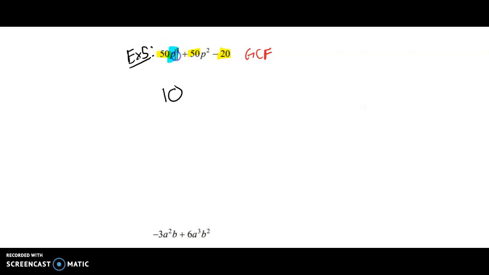This is p cubed, this has p squared, but there's nothing here. Since the last guy does not have a variable, does not share a p, we can't take any of them at all. So it's just the 10. 10 times 5 is 50. We did not touch the variables. 10 times 5 is 50, and 10 times negative 2 is negative 20.